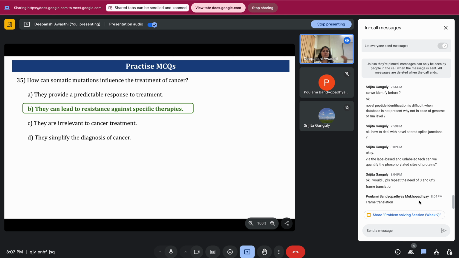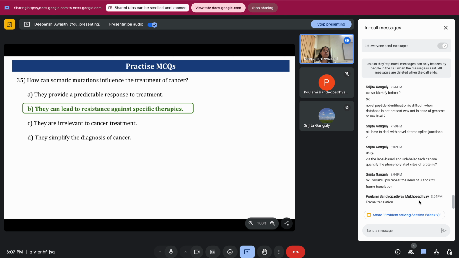Similarly, from the reverse direction, we can also synthesize protein sequences. If we start from the first position on the reverse side, that will be my fourth frame. From the second position, it will be my fifth frame, and from the third position on the reverse side, it will be my sixth frame. So these are the six possible variants of protein sequences which can be generated.